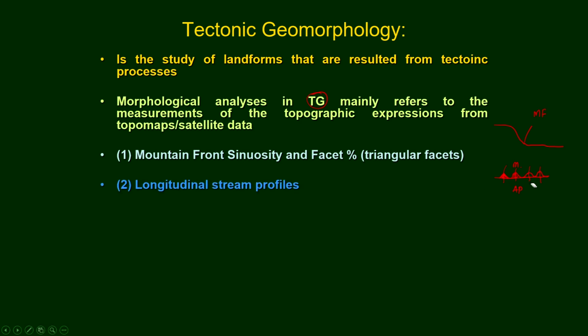Then we also look at the longitudinal profiles of the stream, because if you take the longitudinal profile, you basically incorporate the distance along the x axis, and on the y axis you usually take the elevation.